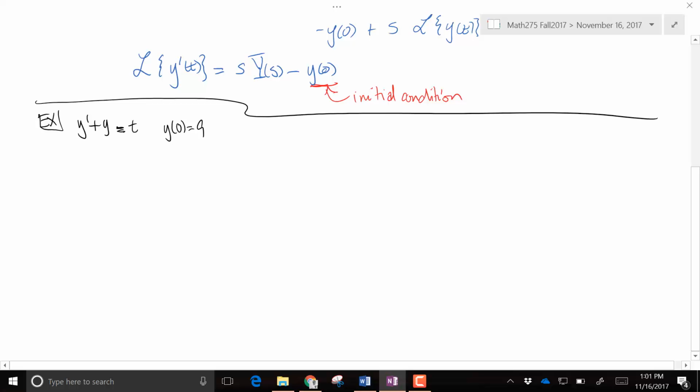So the plan is to go into the Laplace world, right?